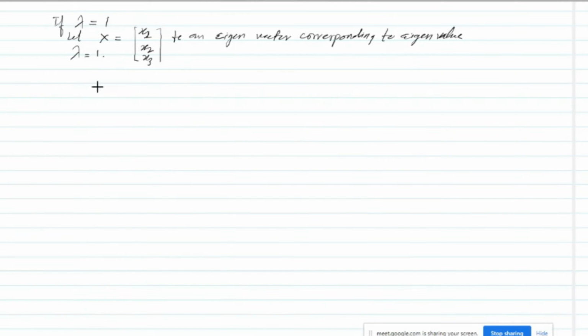Since we know that the formula for eigenvector is A minus lambda I into x is equal to 0.